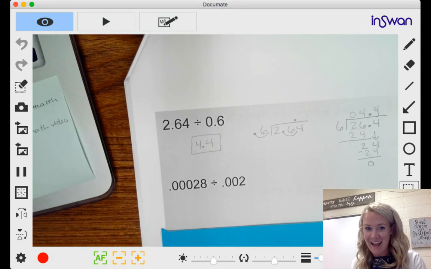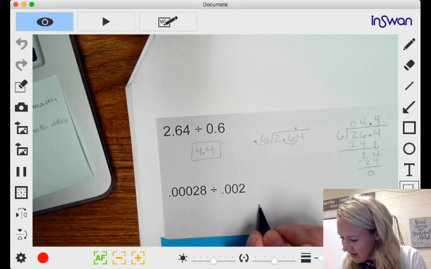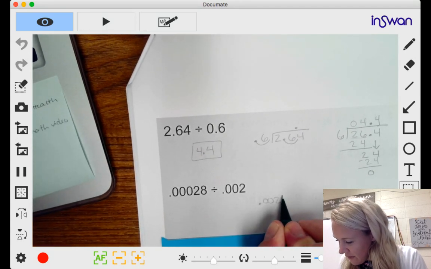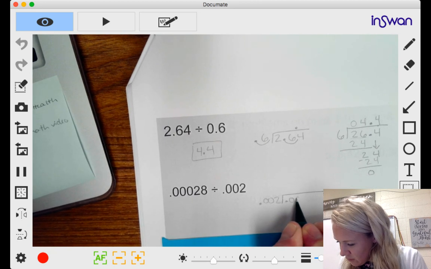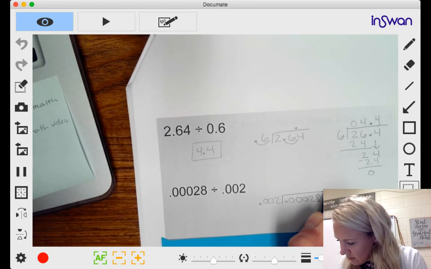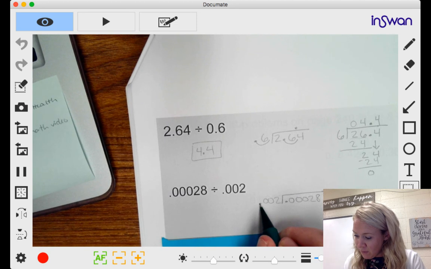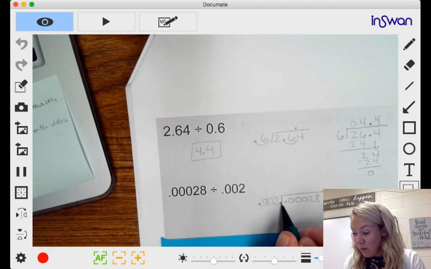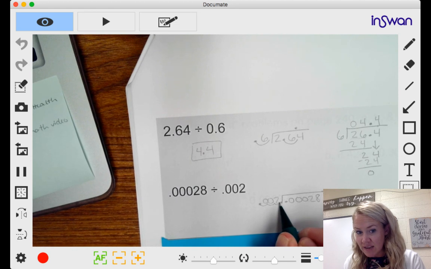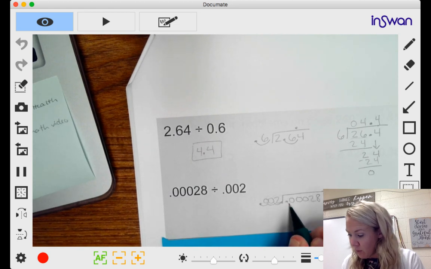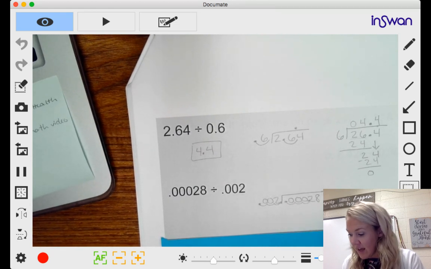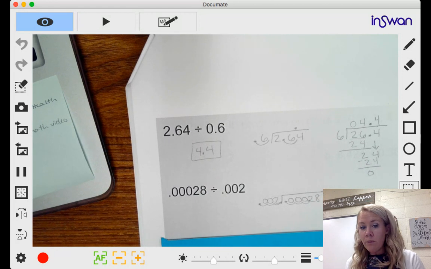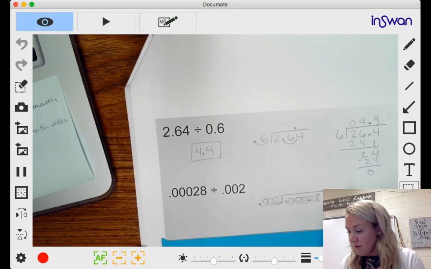Now we've got lots of zeros, so this is where it gets fun. 0.002 goes on the outside. 0.12328 goes on the inside. I'm not just multiplying by 10 now, I'm multiplying by 10, 100, 1,000. So if I moved it 3 to get this to be a whole number out front, I'm going to go 1, 2, 3 inside. Our goal when we do this is to get our outside number to be a whole number.